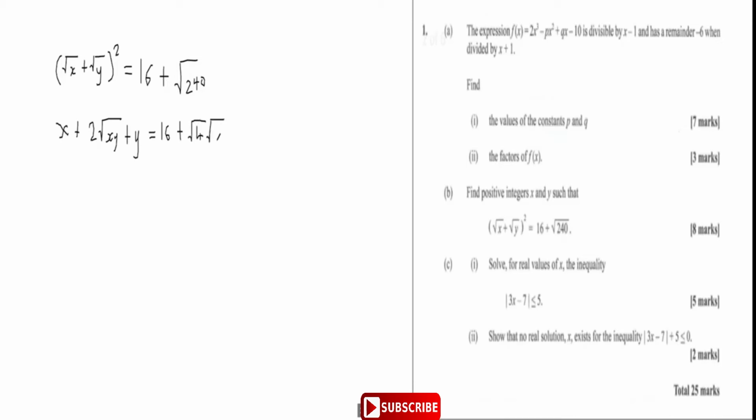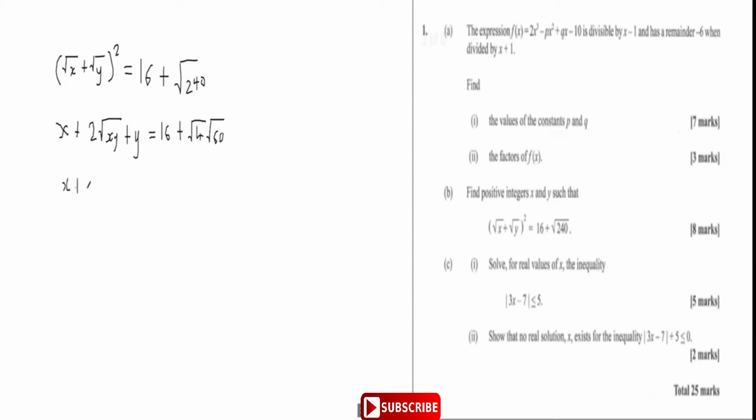All right, nice. Now I noticed that I have something right here without square root on the left and something with square root, and over here too I have something with square root and without square root. So I'm just going to group them together as x plus y.